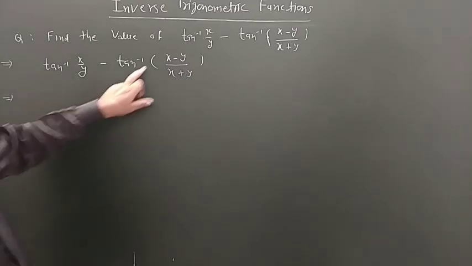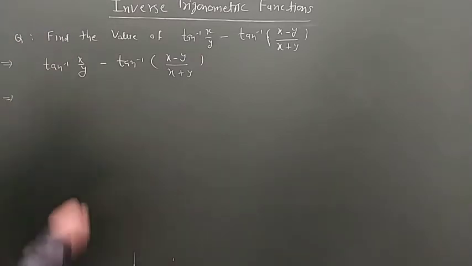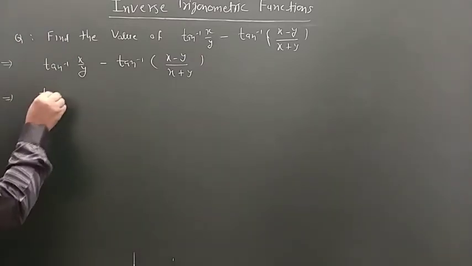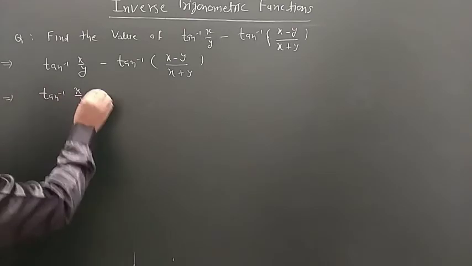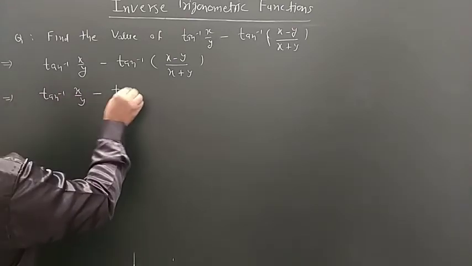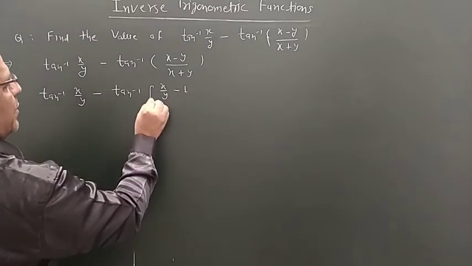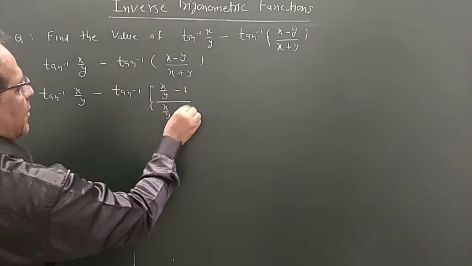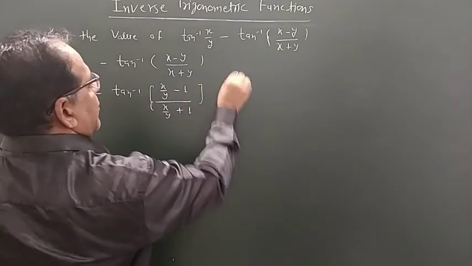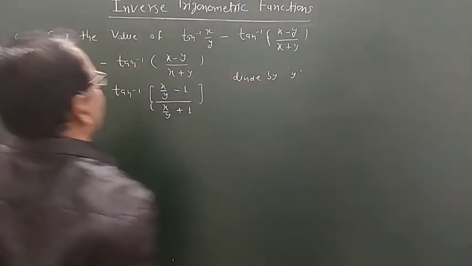Now tan inverse (x minus y) upon (x plus y). Next step, tan inverse of (x upon y minus 1) upon (x upon y plus 1) divided by y.